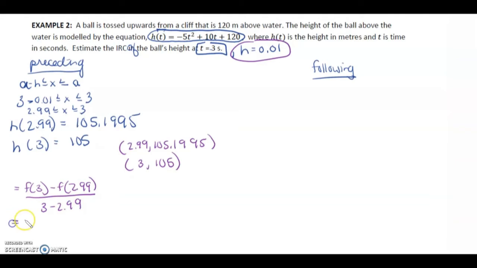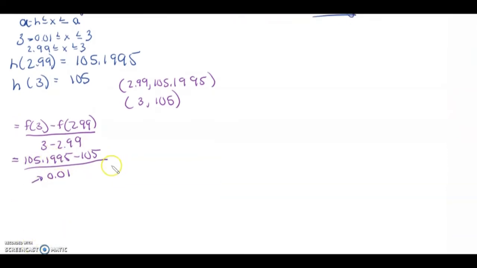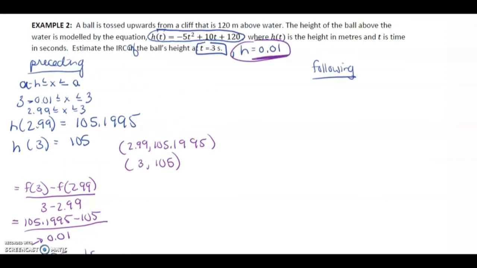So now we have 105.1995 minus 105 over 0.01. And if you notice, see this 0.01? This should always be your denominator. So I get negative 19.95, and that's going to be meters per second. So that's going to be preceding.